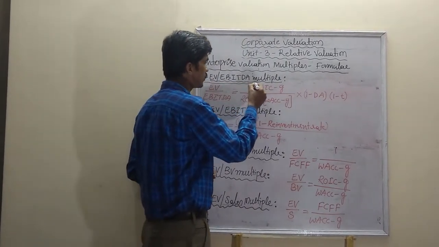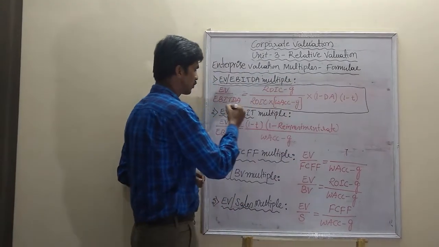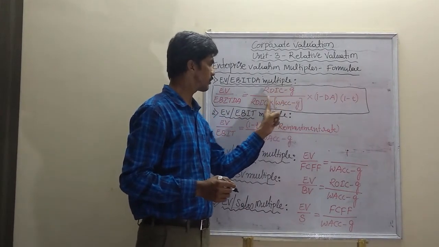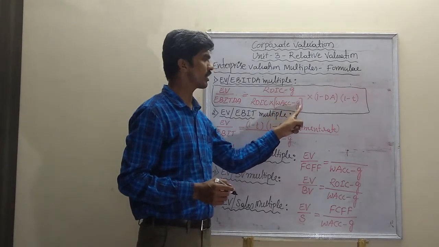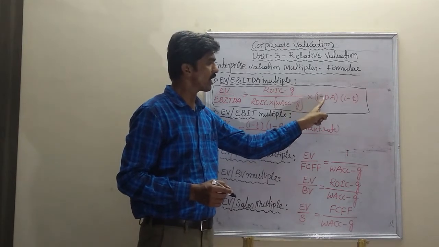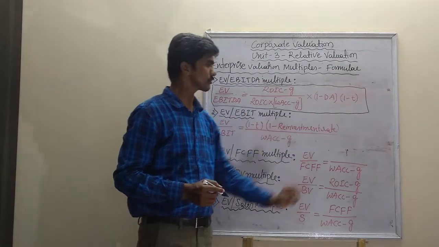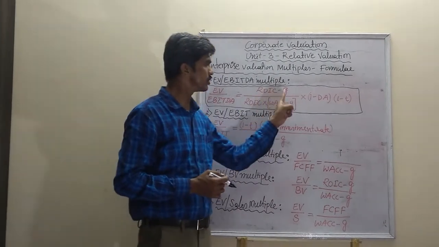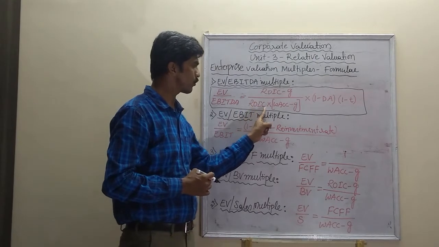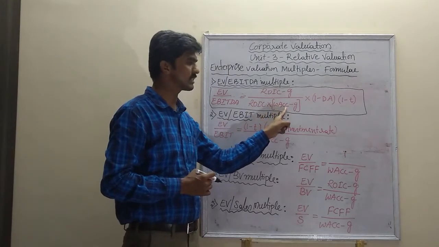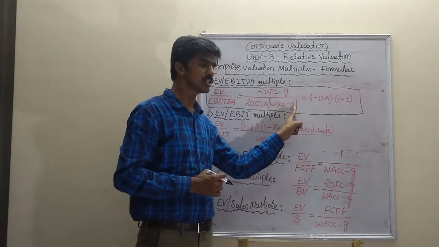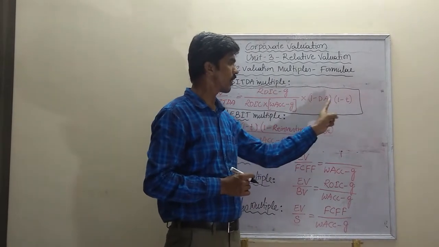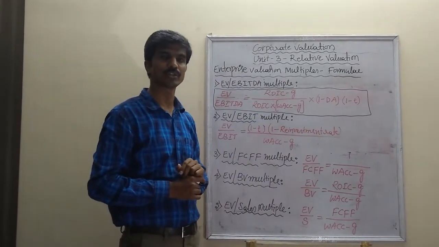EV to EBITDA is equal to (ROIC minus G) divided by ROIC, into (WACC minus G), multiplied by (1 minus DA) into (1 minus T), wherein ROIC stands for return on invested capital, G stands for growth rate, WACC stands for weighted average cost of capital, DA stands for depreciation allowance, and T stands for tax rate applicable to the company.